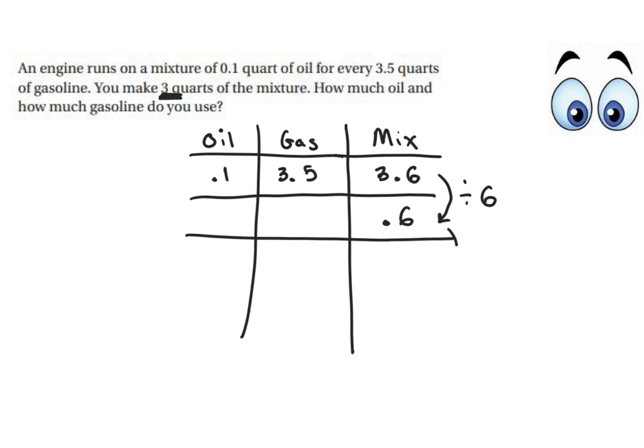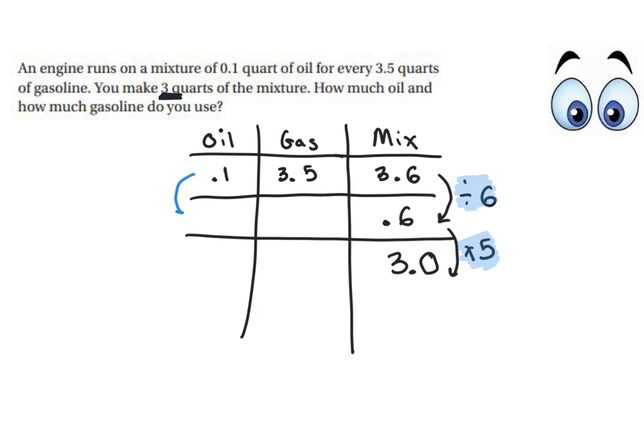So from 0.6, we can multiply by 5. 0.6 times 5 is 3.0. So we kind of have created our roadmap or our rules. We're going to divide by 6, then multiply by 5. So now we just need to do that same thing for the oil and the gas.